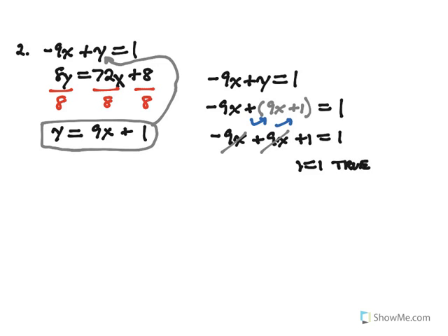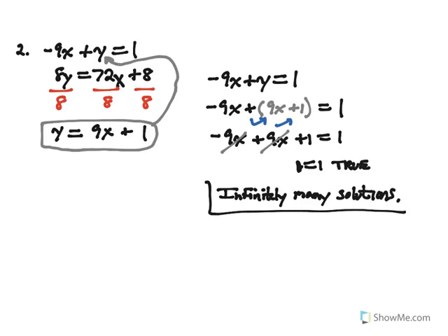So you're going to have infinitely many solutions. As long as those two quantities equal each other, you'll have infinitely many solutions. That would be the answer. Not 1 equals 1. You have to specifically say infinitely many solutions.